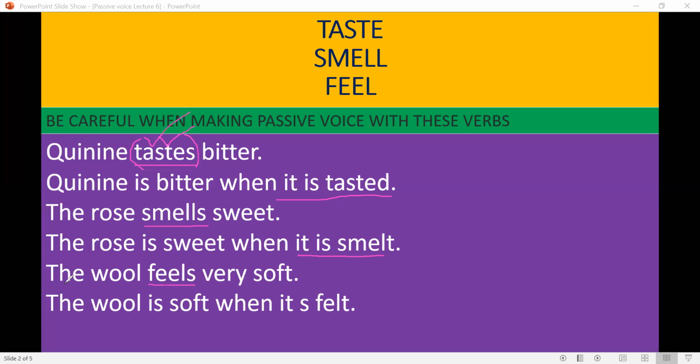The real meaning of the sentence: the wool is soft. The meaning becomes clear: wool is soft when it is felt. So be very careful of making passive voice with the verbs which have sensory meanings, or sensory verbs: taste, smell, and feel.